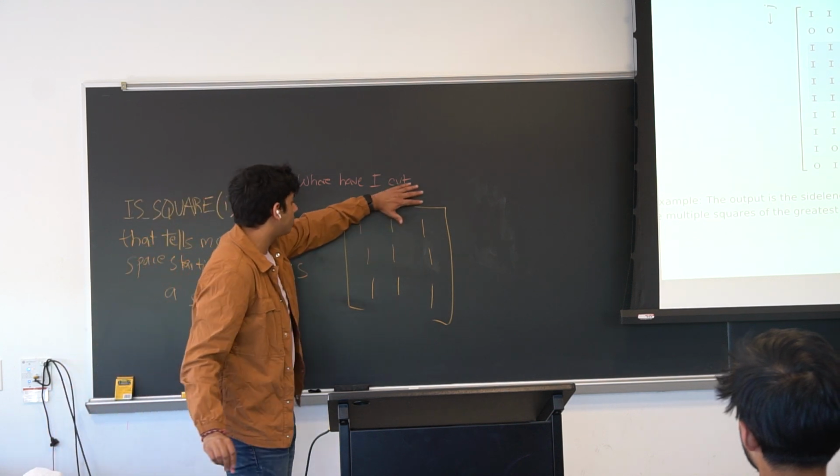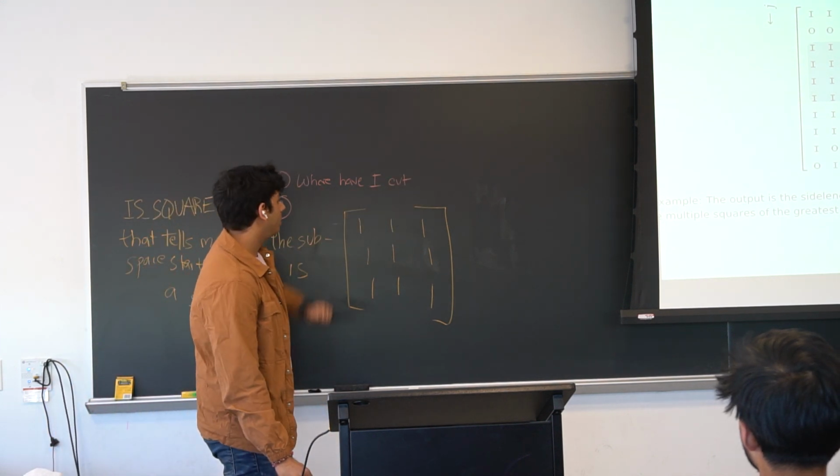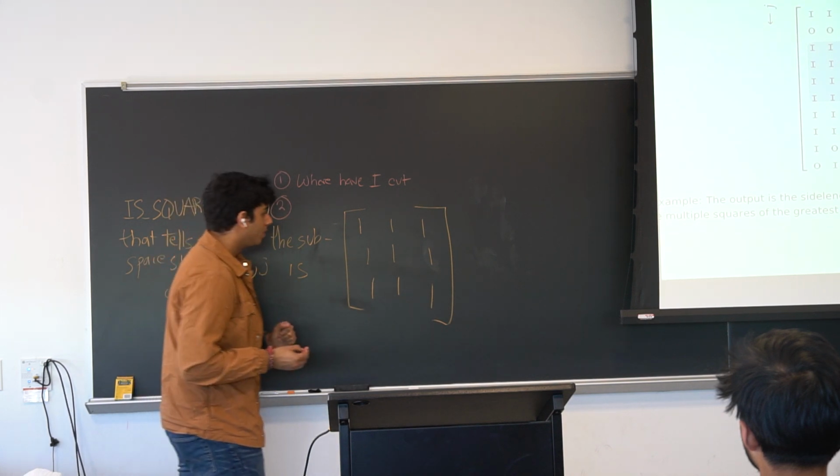Right now, a 3 by 3 square is defined as all i, all j, iterate through all of them, and I have a 3 by 3 square.